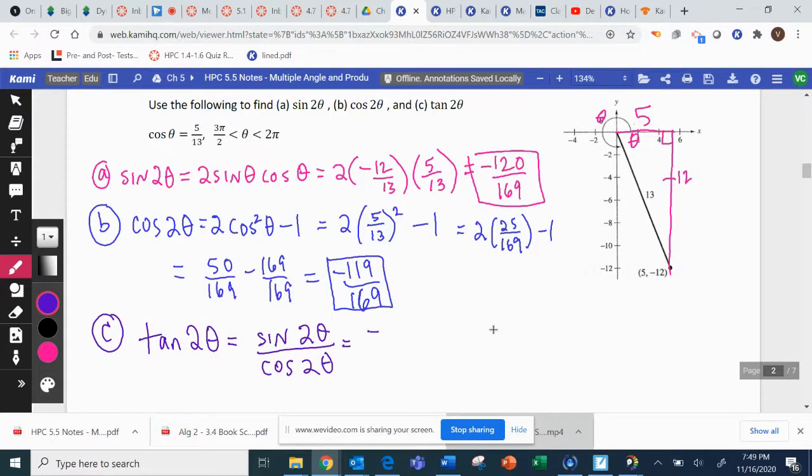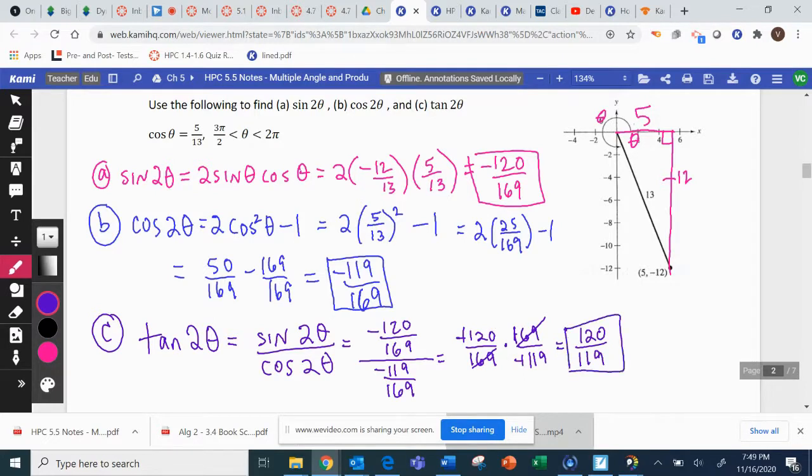So we'll have negative 120 over 169 divided by negative 119 over 169. Instead of dividing by a number, I can multiply by its reciprocal. So the negatives will cancel out, the 169s will cancel out, and I will get 120 over 119 for the tangent.